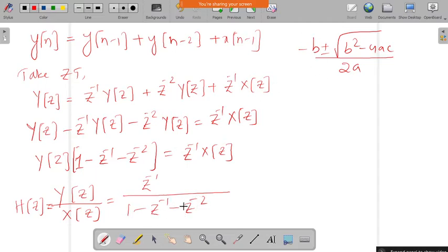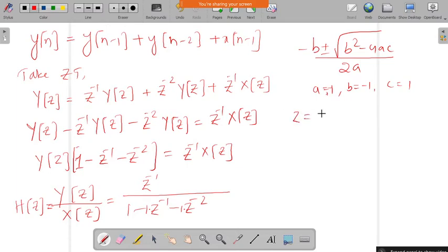Now I'll treat the highest power coefficient as a. So here it is 1 and b is 1 and c is 1. So the coefficients are a equal to minus 1, b equal to minus 1 and c equal to 1. Now we can find the roots.